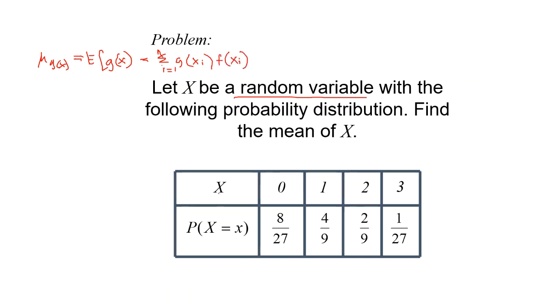From here, we have the values of our x. These are x sub 1, x sub 2, x sub 3, and x sub 4. From that, we can denote that our summation is from i equals 0 to 3, since this is our notation for x sub 1, x sub 2, x sub 3, and x sub 4.